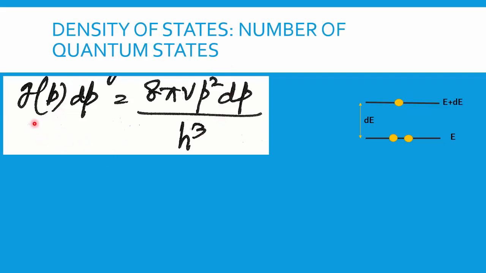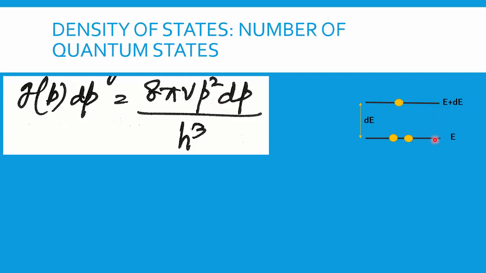Because this formula or this theory is for the momentum interval. If you look into this formula, it gives you information about momentum. So when you have a problem of one momentum to another momentum, and within that you want the number of quantum states, use this formula.